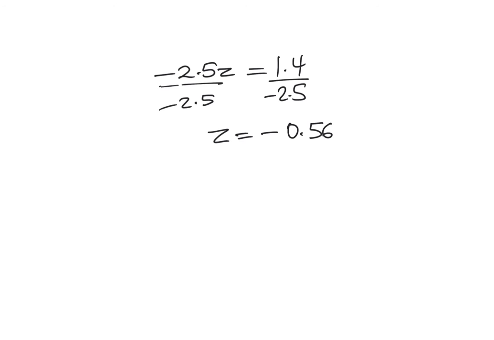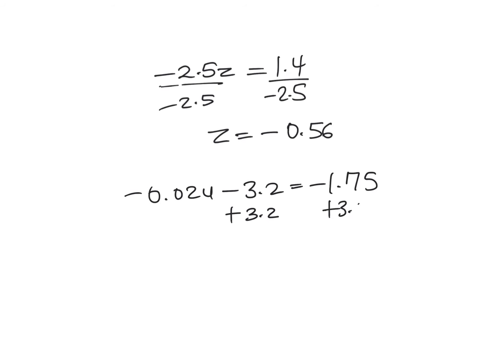If we have a problem like negative 0.02u minus 3.2 is equal to negative 1.75, we add 3.2 to both sides, right? So we move that over to the other side, and then we divide both sides by negative 0.02. So negative 0.02u is equal to, so you have 3.2 minus 1.75.